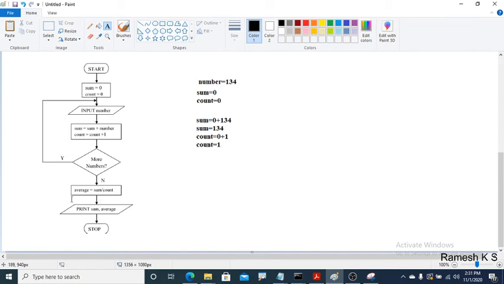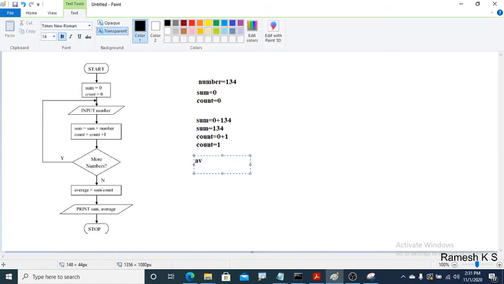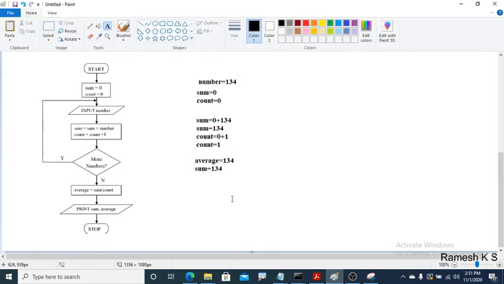So the average is 134. Sum and average both are same. This is the average, this is the sum, 134. This is one case. We are printing the sum and average value. We are stopping.